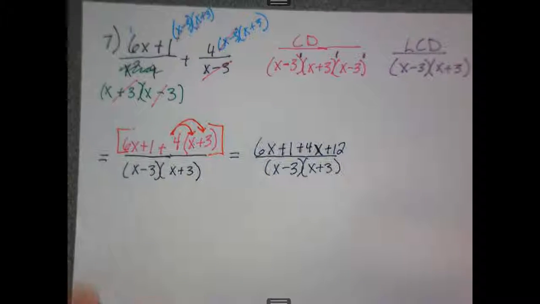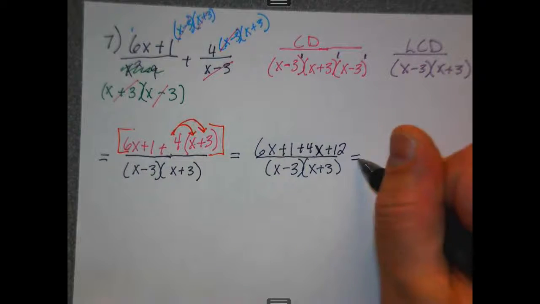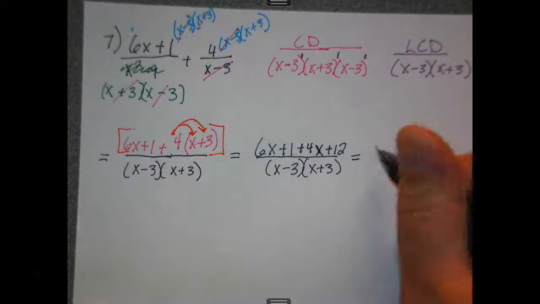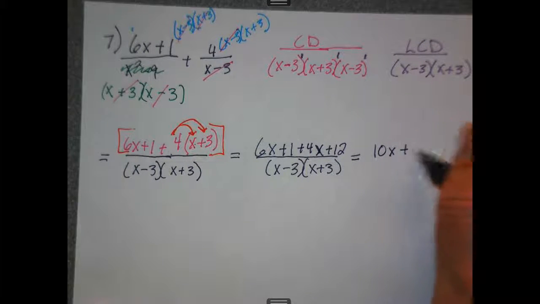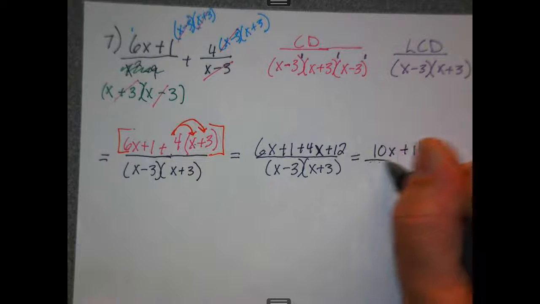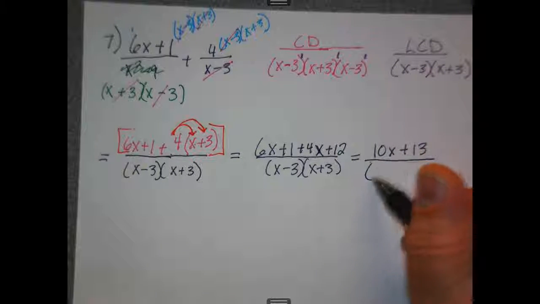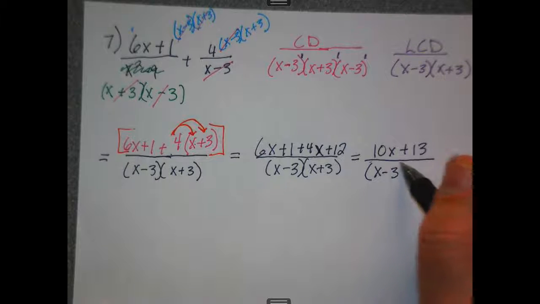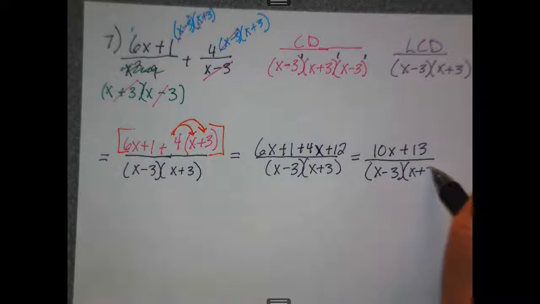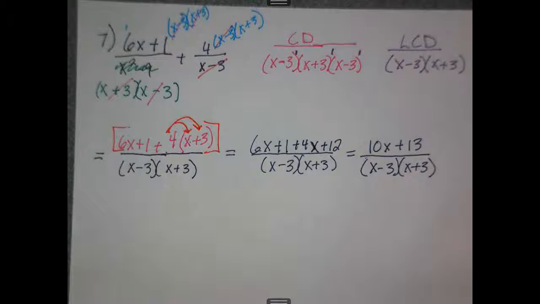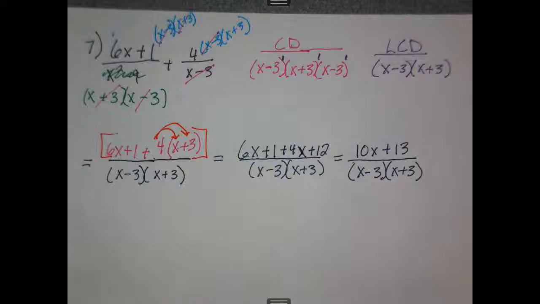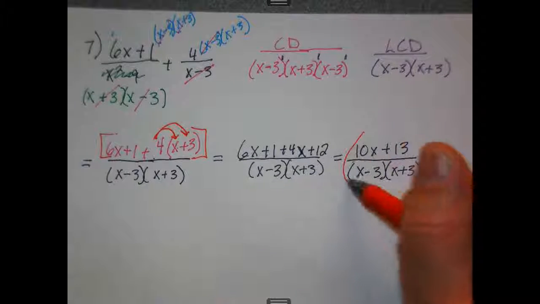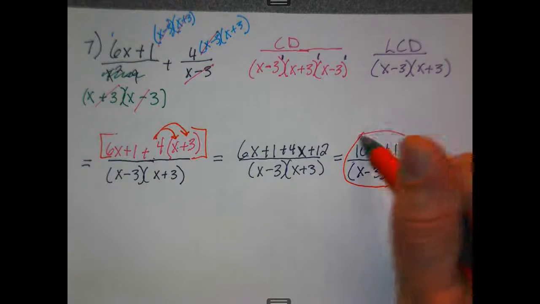Now I'm going to combine the like terms. 6x and 4x is 10x. 1 plus 12 is 13, all over (x minus 3)(x plus 3). Can I simplify that? Nope. That's my answer.